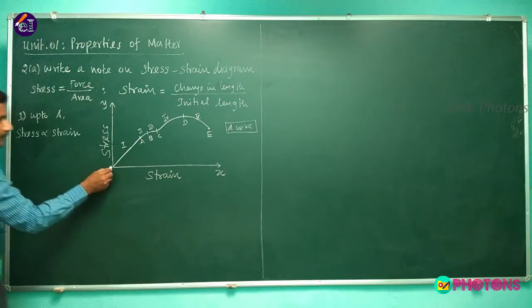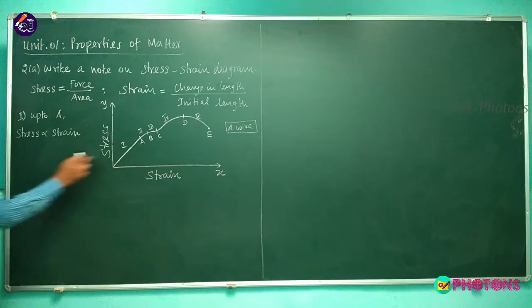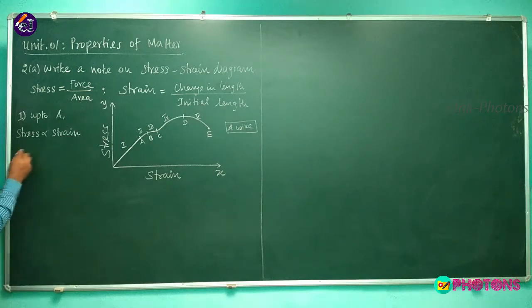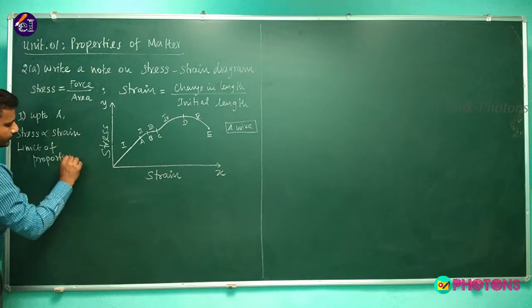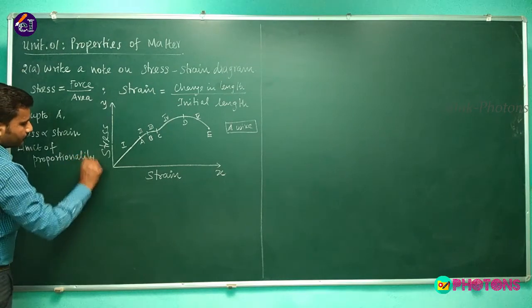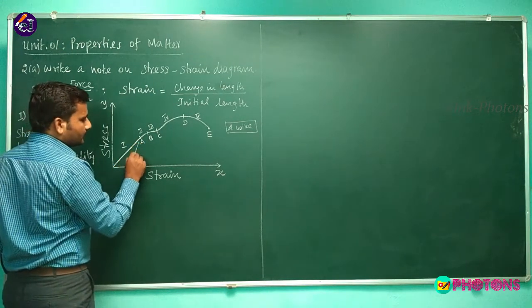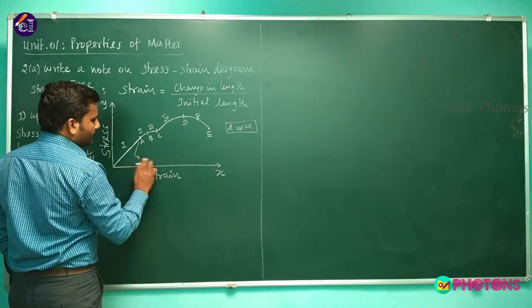This line is a tangent line, so point A is said to be the proportional limit, or limit of proportionality.